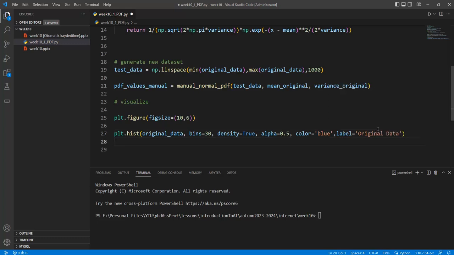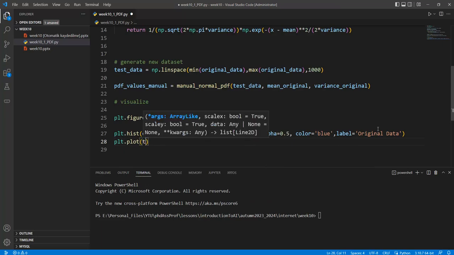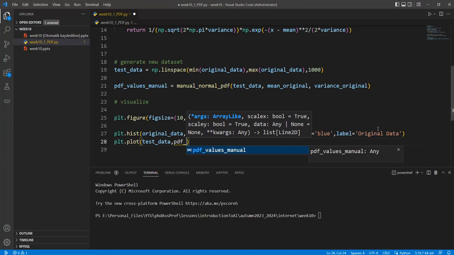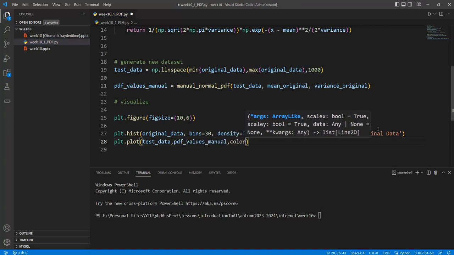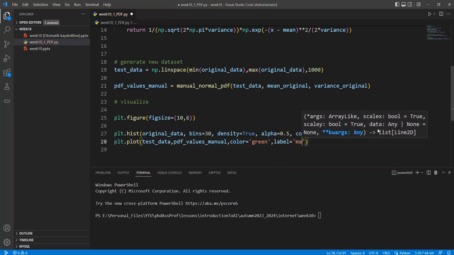Okay, the histogram bins means that we split the data into 30 parts, 30 parts, one bin or one bar. Okay, plot test data, PDF values manual, color green, and label manual PDF.